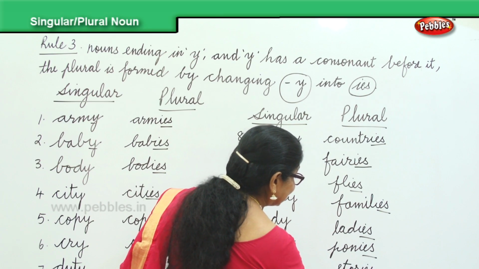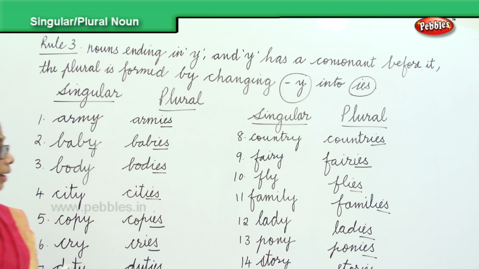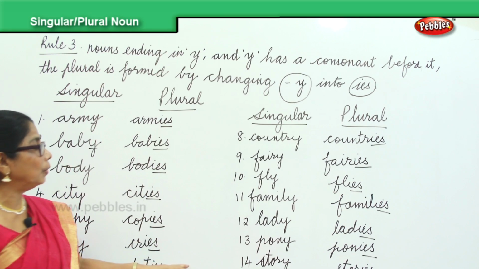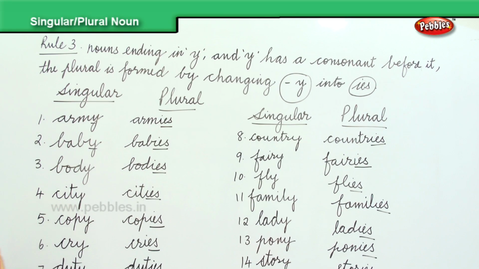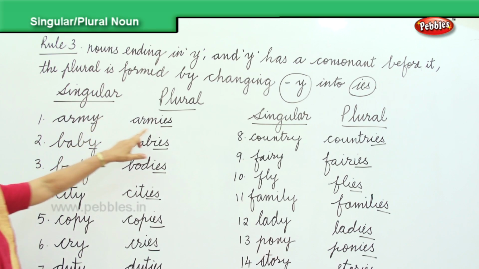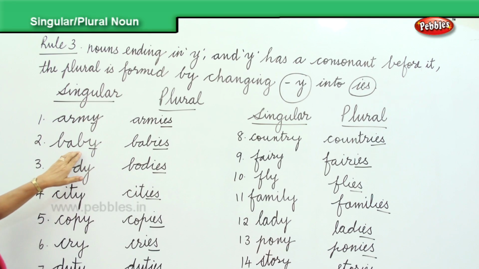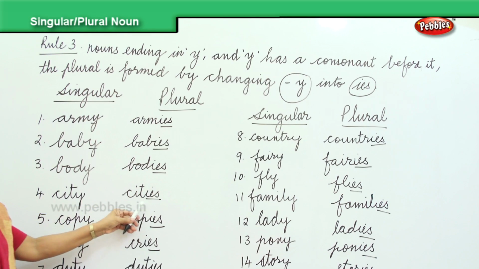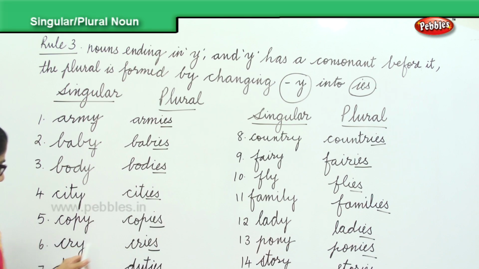Rule number 3 says, if a noun ends with y and there is a consonant before it, you change the y and add ies to form the plural noun. Now let's look at all the nouns we have formed in rule number 3. Army, armies. Baby, babies. Body, bodies. City, cities. Copy, copies.